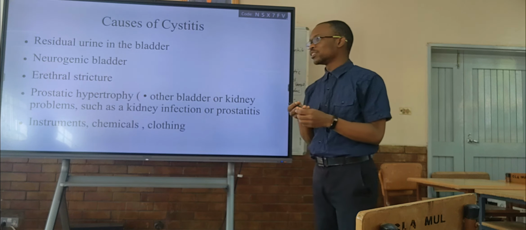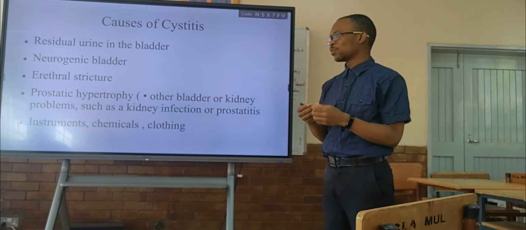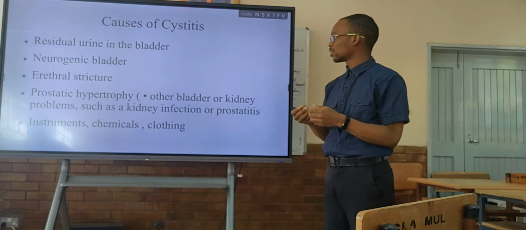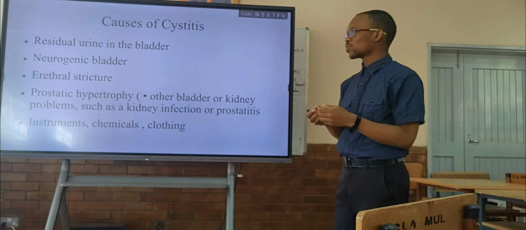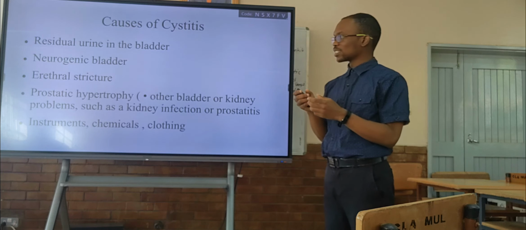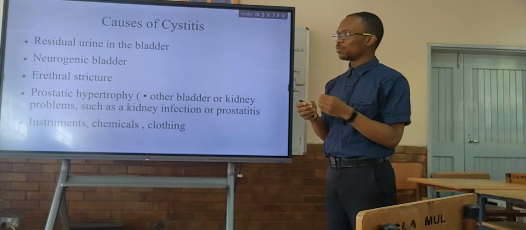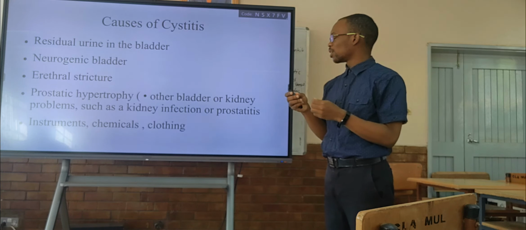So you can have a neurogenic bladder and fail to release urine, and you'll be able to get infection easily. Then urethral stricture: this is where the urethra is narrowed, so you'll be releasing urine partially or incompletely.